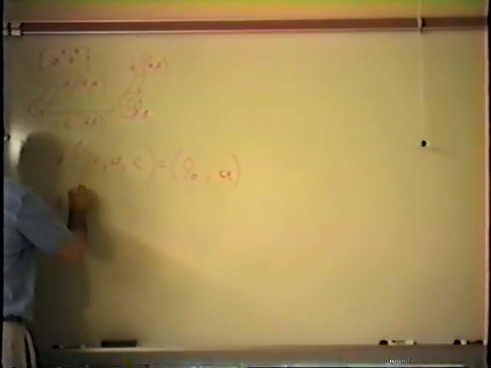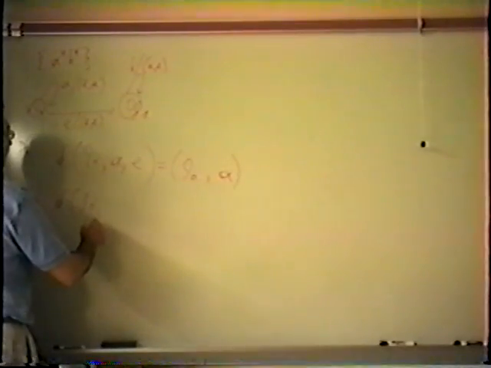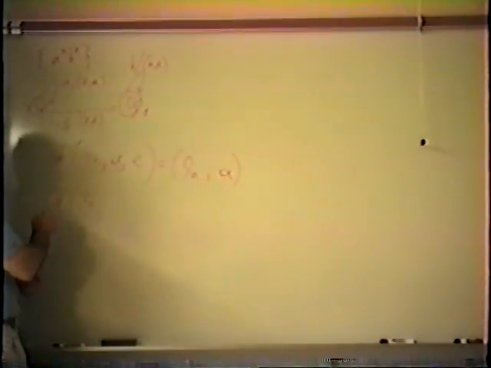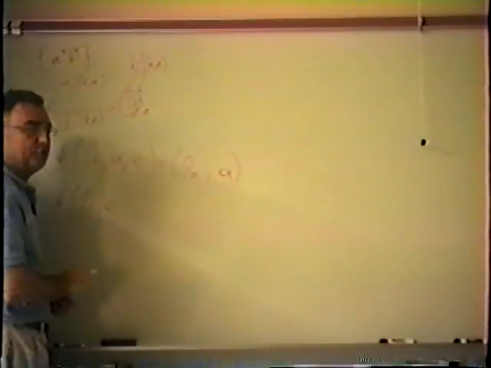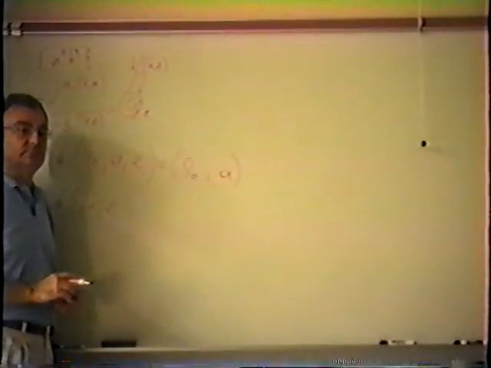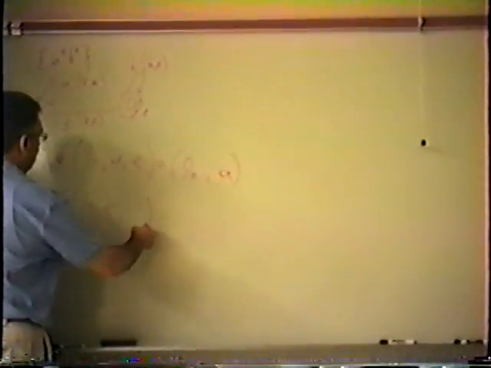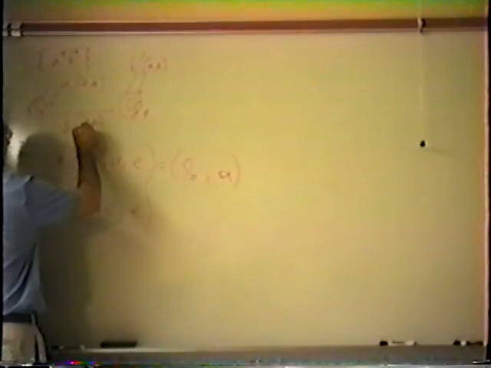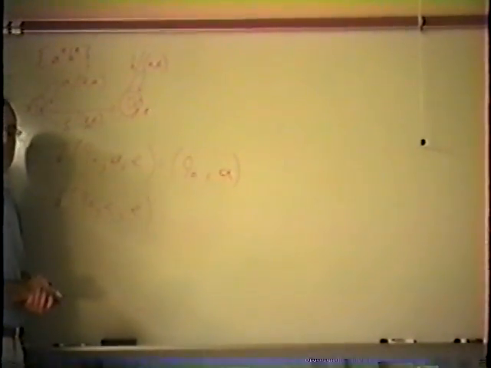If you are in Q0, and you see what on the tape? Don't use the tape. And you see what on the stack? It doesn't matter what's on the stack.